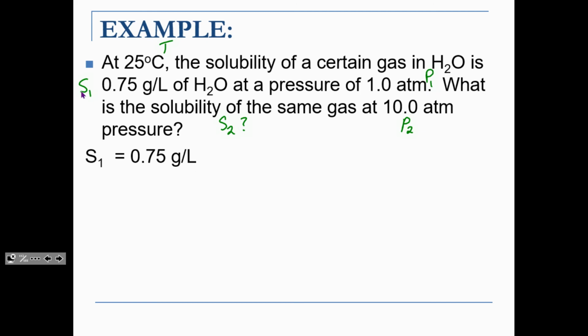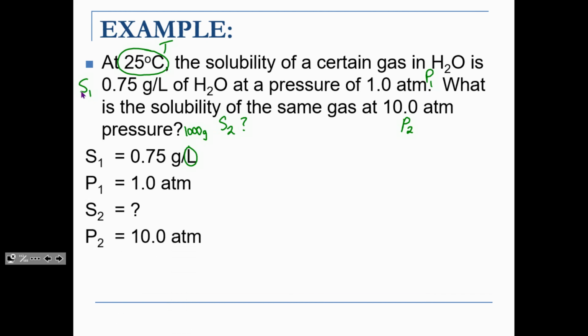So I know solubility. Now the units, grams per liter. Well, a liter is 1,000 grams. But if they give you units like this, go ahead and use them. Pressure 1 atm, that's at STP. The only problem is that 25 degrees Celsius puts us out of STP. But either way, this is our pressure. We're looking for the second solubility when the pressure goes up to 10 atms.